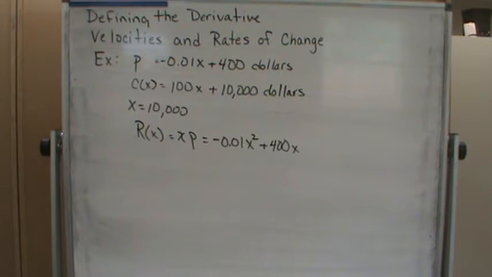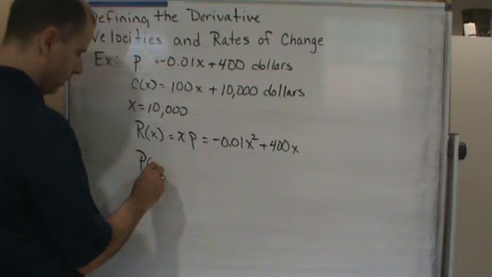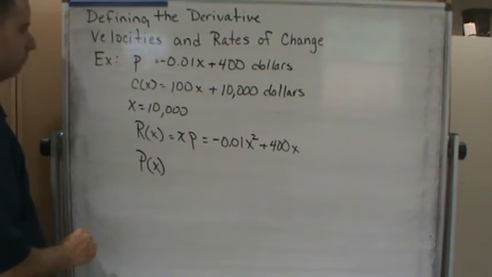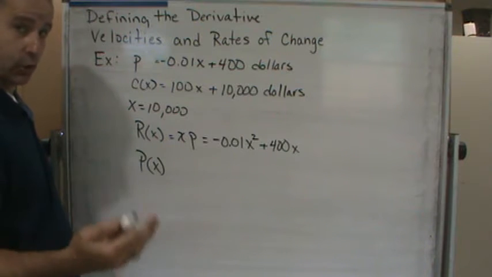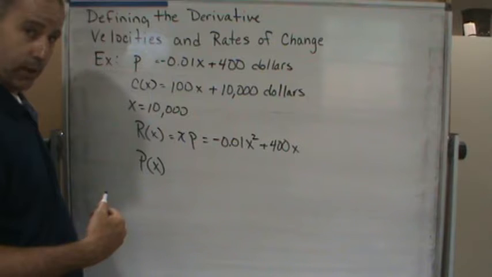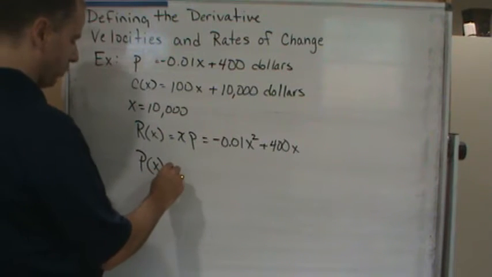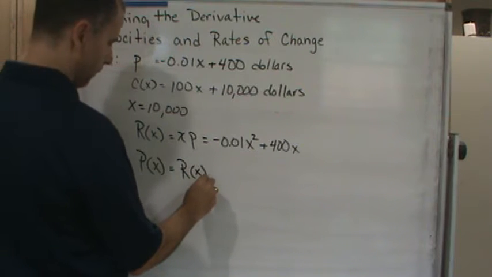Okay? So now what's profit? Capital P. Profit is the difference between how much it costs you to manufacture the items versus how much money you brought in. So it's going to be revenue minus cost.